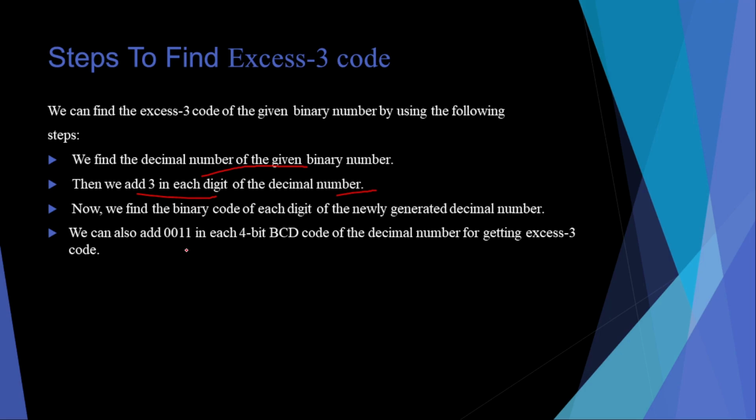So let me take an example of 101. I already mentioned in the previous slide that the decimal value of 101 is 5. So with this 5 you need to add 3. This is the second step to find the XS3 code. Finally, you will get a value of 8, right?